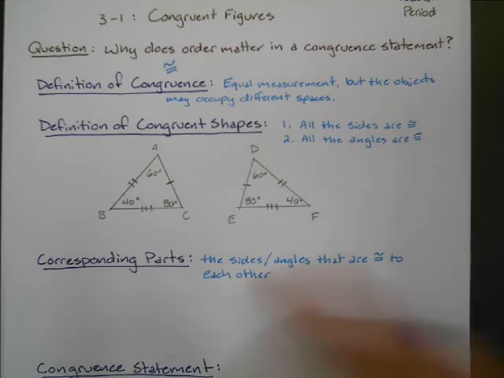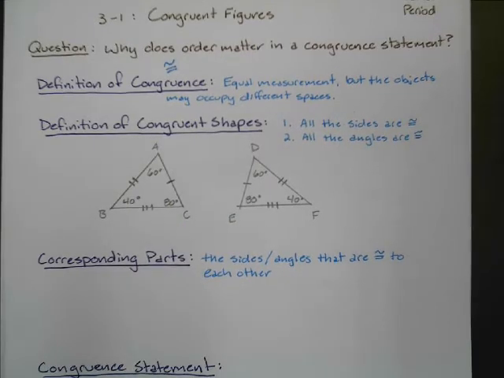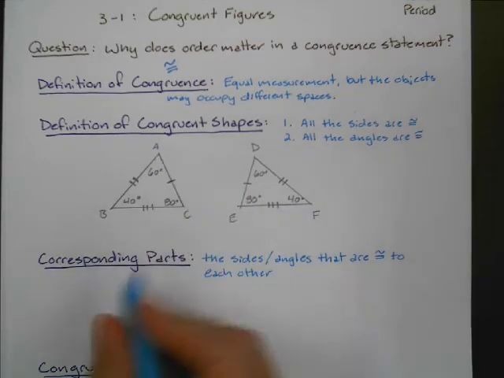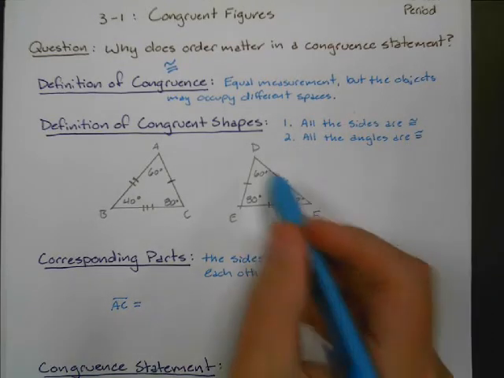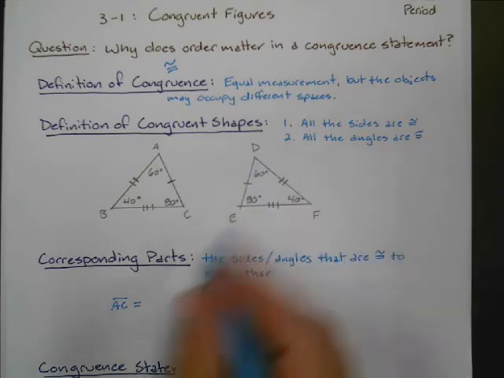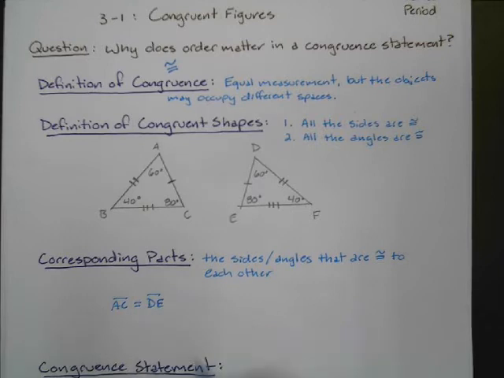Now they're congruent to each other in the congruent shape. So looking at this example up here, I notice for my sides, AC, so remember when you write a segment, it has to have the segment line over it. AC is congruent to DE because they both have one tick mark. So that would make them corresponding parts because they're congruent to each other.